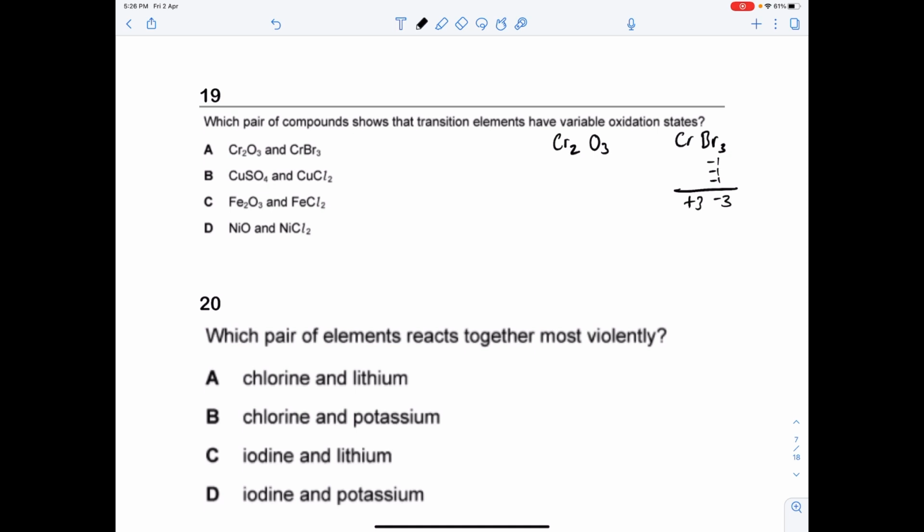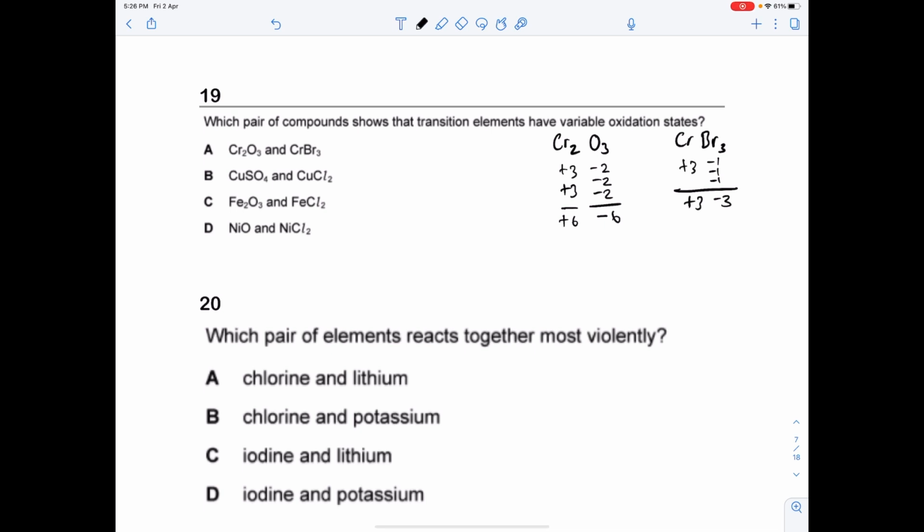Here we've got 3 lots of oxygens. So we've got -2, -2, -2. And so that altogether makes -6. But we've got 2 chromiums, so we do +6 divided by the 2 chromiums is +3 each.